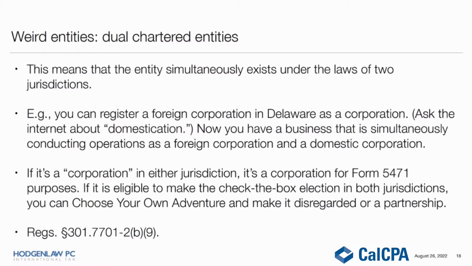It's useful sometimes. As often as not, you can form a parent corporation in Delaware, then do a cross-border merger. It's no big deal. It's an F reorganization, is what it is.